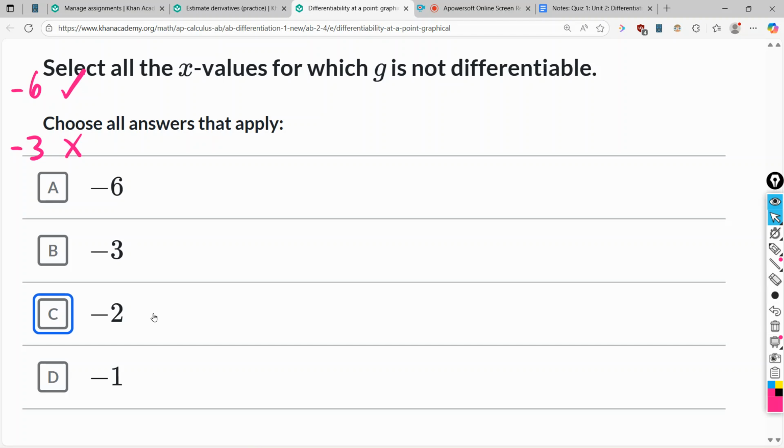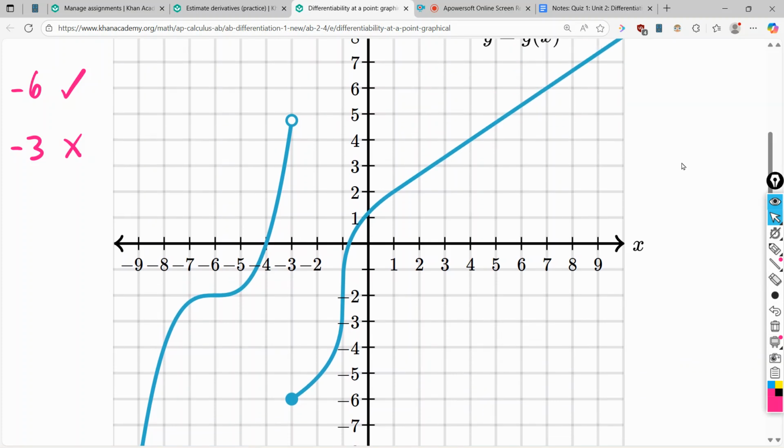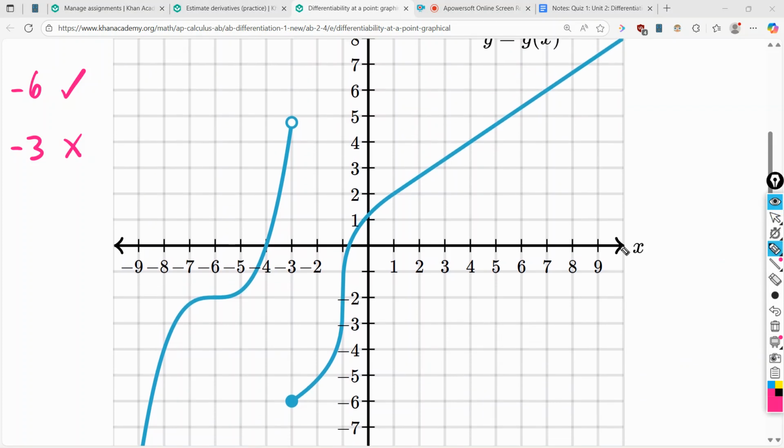Now let's check -2 and -1. On the x-axis, here's -2. Here's -1. If we go down to the graph at x equals -2 right here, that's perfectly fine, okay? That doesn't break any of the rules. We can find the slope at that point.